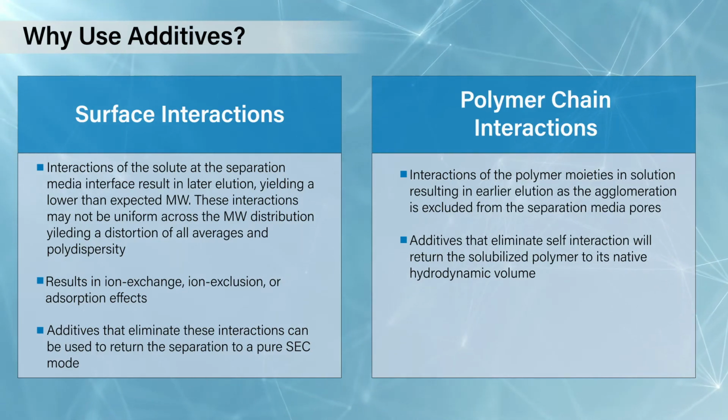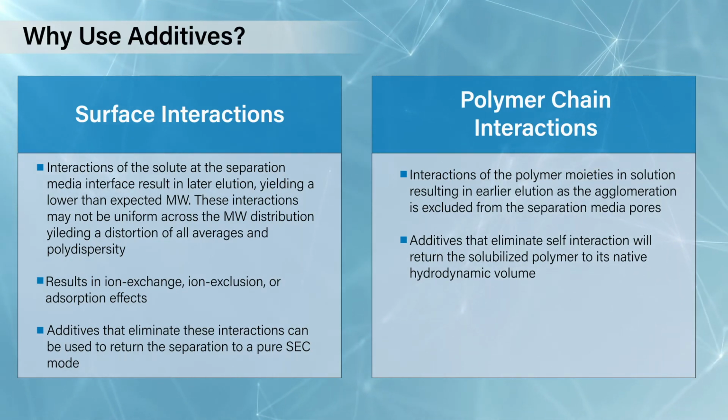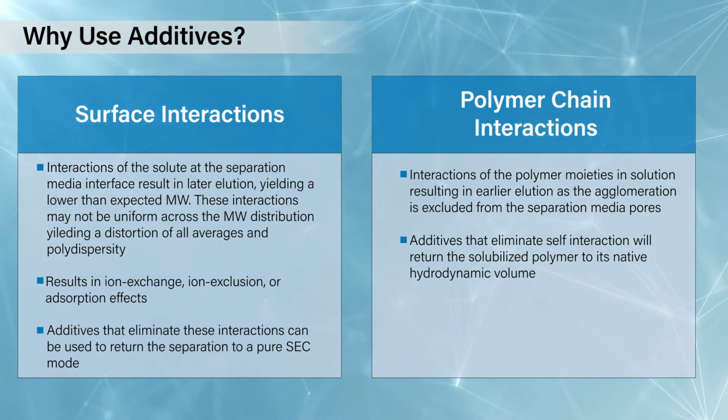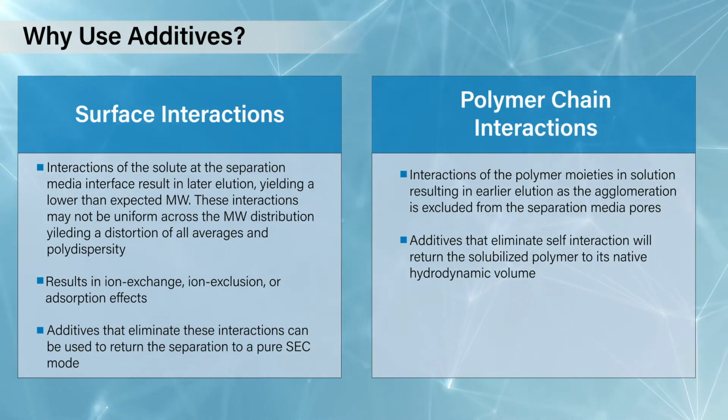The other is polymer chain interactions, where you're trying to stop intermolecular interactions between the polymer chains. Again, you have additives that prevent that happening, so that you're looking at the polymer in its native state, hopefully as an individual chain, as opposed to something like an agglomerate.